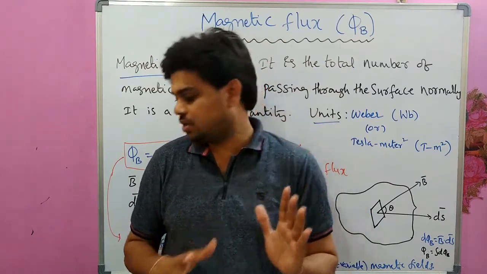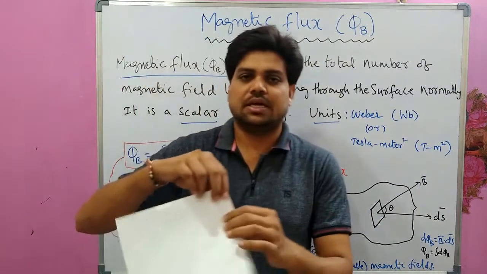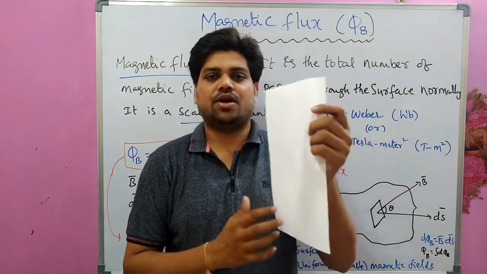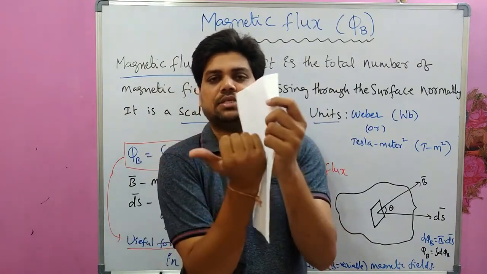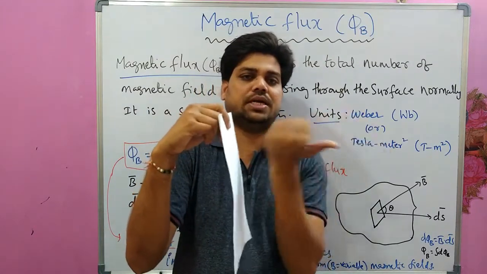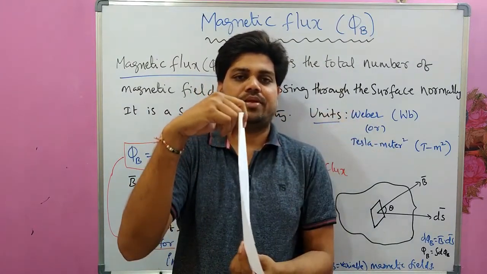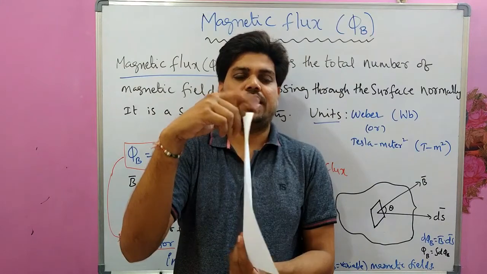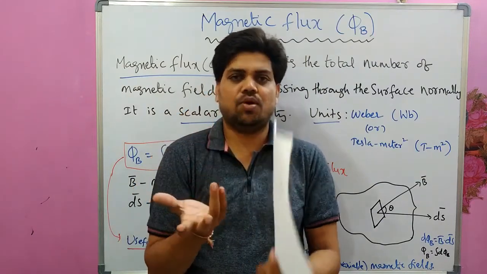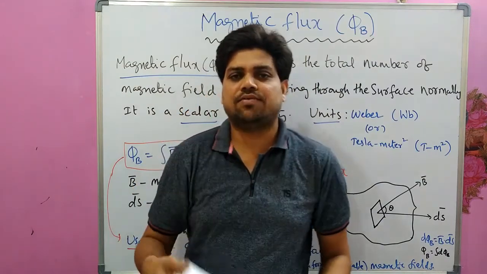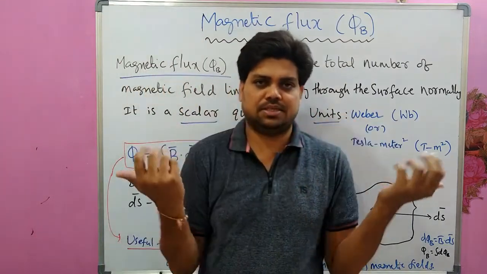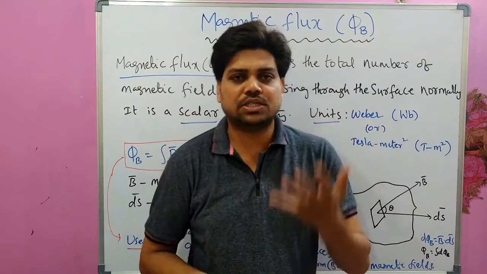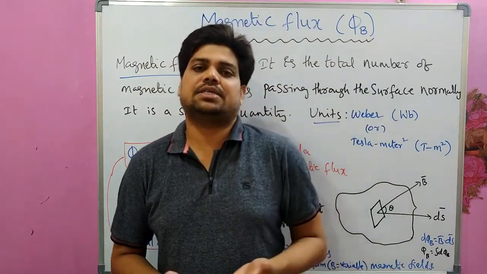For example, if this is a surface, the area of this will be always perpendicular to it. That means this side or this side. So this is a 2D surface, open surface. So 2D surfaces or open surfaces will have two outward normals, and outward normal is generally taken as area vector direction.